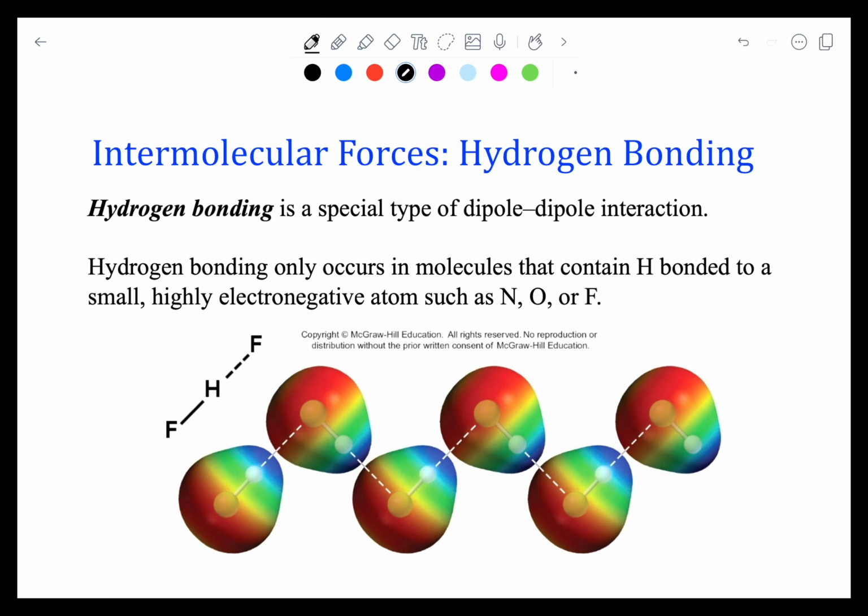So, hydrogen bonding is a special type of dipole-dipole interaction. Hydrogen bonding only occurs in molecules that contain hydrogens bonded to a small, highly electronegative atom such as nitrogen, oxygen, or fluorine. Okay, so nitrogen, oxygen, and fluorine have high electronegativities.